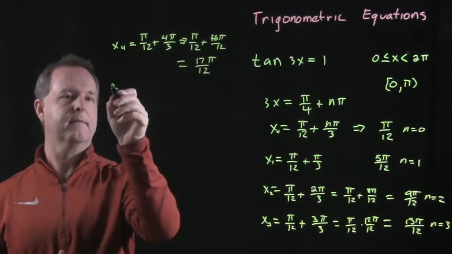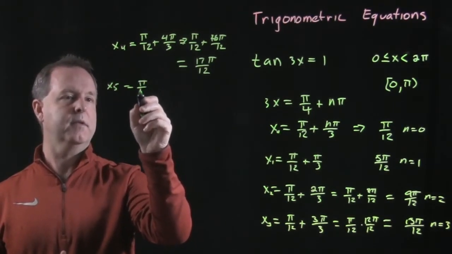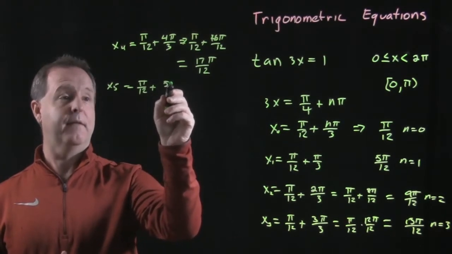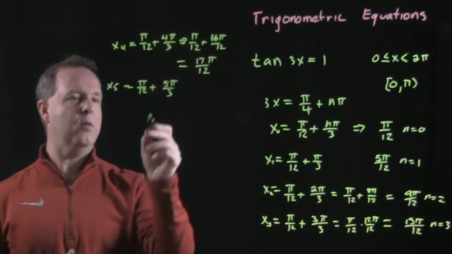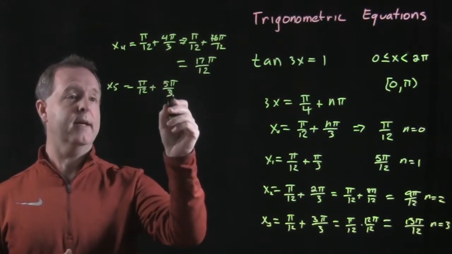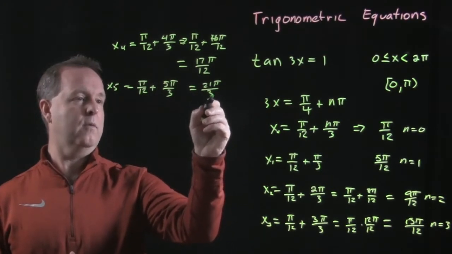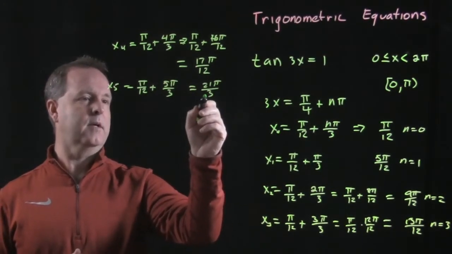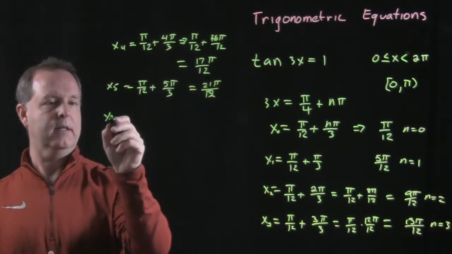Try 5. My next solution equals pi twelfths plus 5 pi over 3. To get common denominators on that one, that becomes 20 pi, so that equals 21 pi twelfths. And then let's look at the next one.